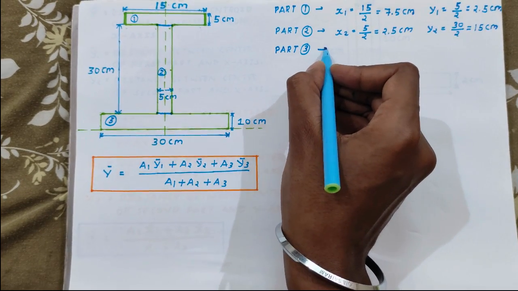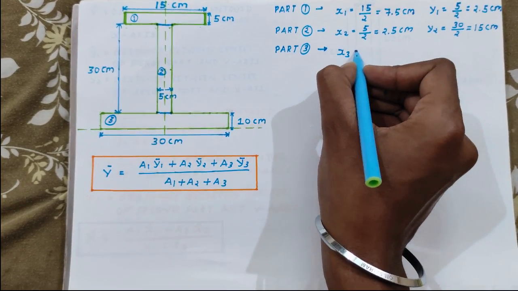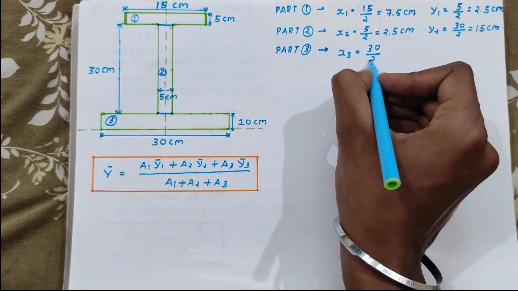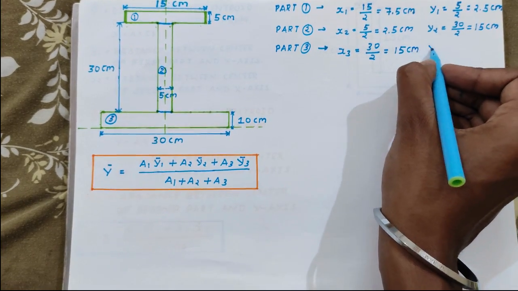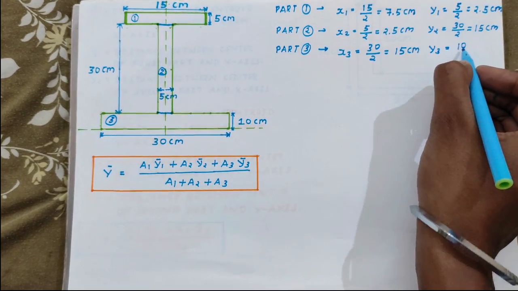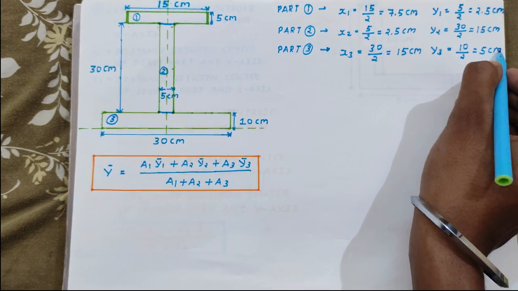Part 3, x3 is equal to this length, 30 by 2, 15 centimeter, and y3 is 10 by 2, 5 centimeter.